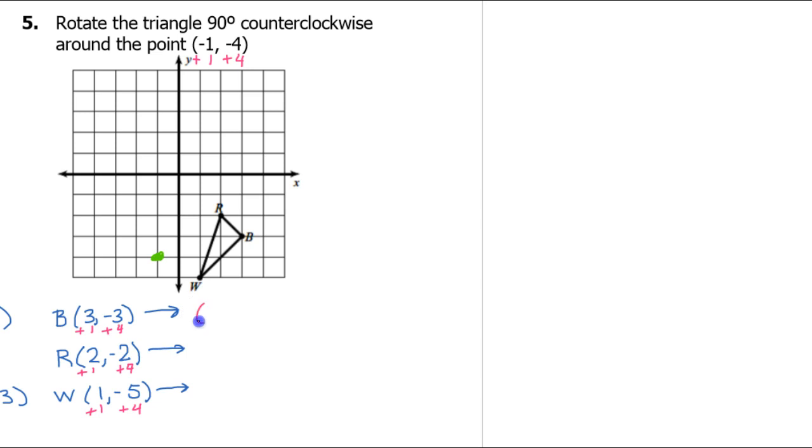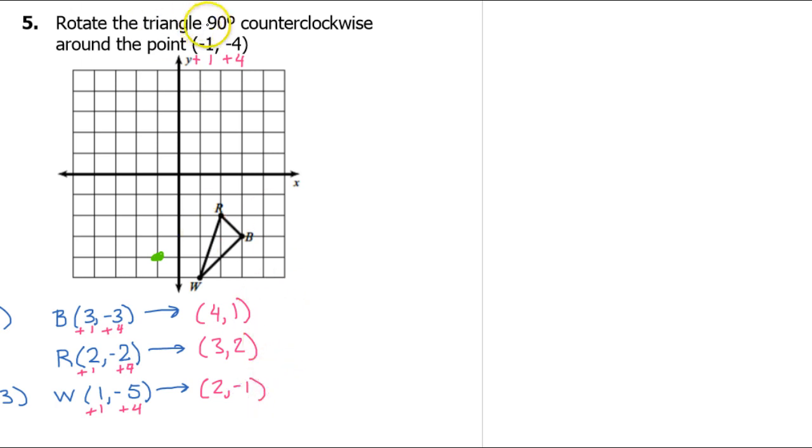And that is going to give me a new triangle. So this will give me 4, 1 and 3, 2 and 2, comma, negative 1.